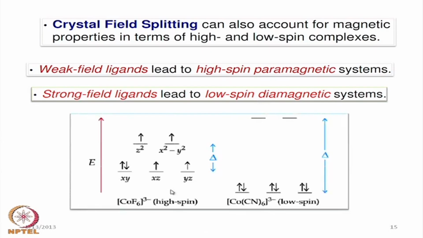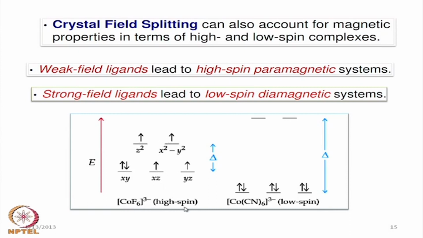So these are the two situations where we can have the corresponding cobalt hexafluoro and the cobalt hexacyano species. In one case, since the cobalt is in +3 oxidation state, we have the cobalt having 6 electrons, so it is a 3d6 system.